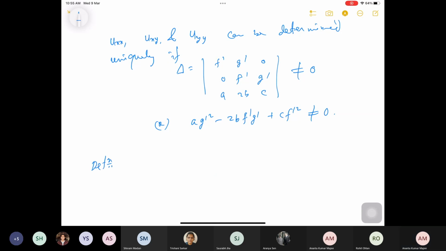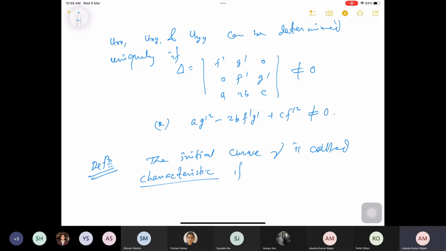So the definition: the initial curve gamma is called characteristic, again with respect to the differential operator and the given data, if this determinant is equal to 0 along gamma. Otherwise it is called non-characteristic, if it is not equal to 0 along gamma.